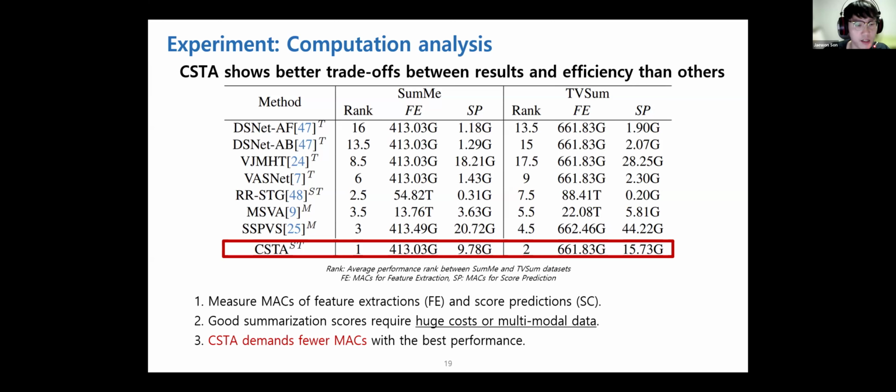In contrast, CSTA demands less computation with fewer MAC values. Moreover, CSTA achieves the best performance without needing any extra data from other modalities. This experiment shows that using CNN works well for video summarization because the data size is large.